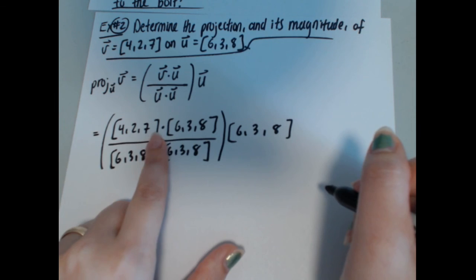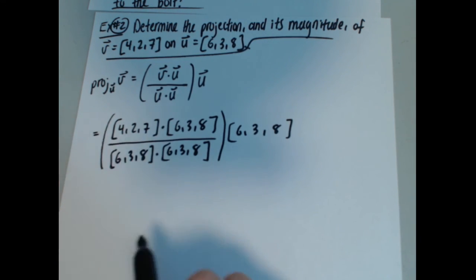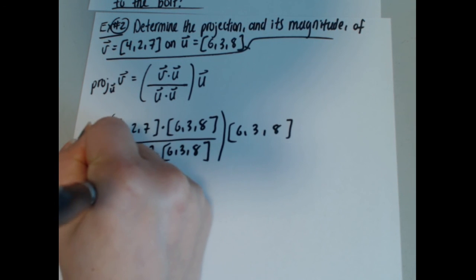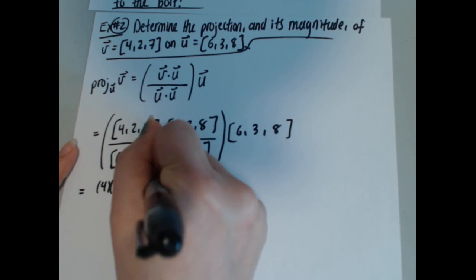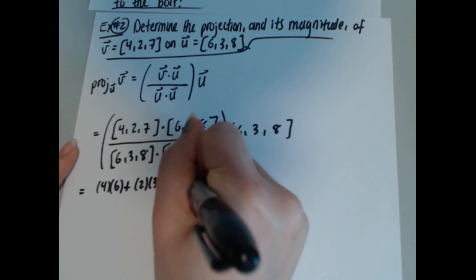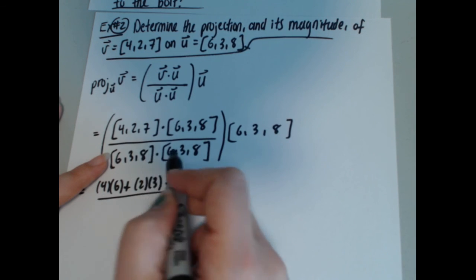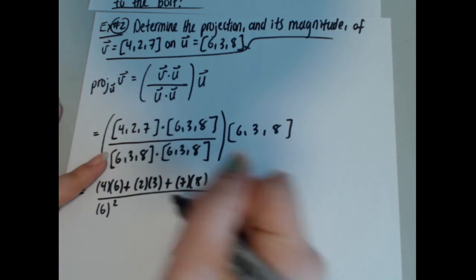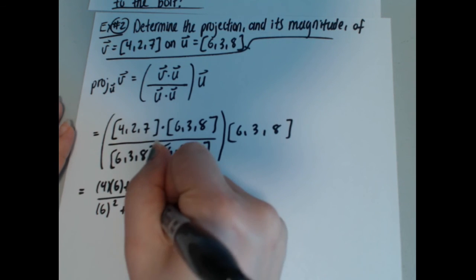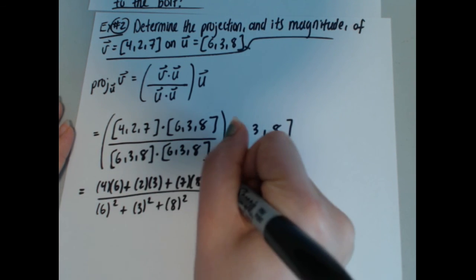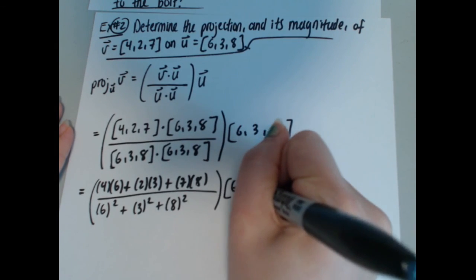So dot product, you know how to handle that. It's going to be the sum of the products of each dimension. So it's going to be 4 times 6 plus 2 times 3 plus 7 times 8. That's in the numerator of the fraction. In the denominator, I'm going to have 6 times 6, or 6 squared, plus 3 times 3, which is 3 squared, plus 8 times 8, which is 8 squared. Okay, and this is getting multiplied by 6, 3, 8.